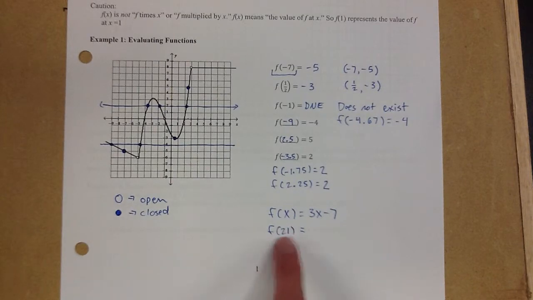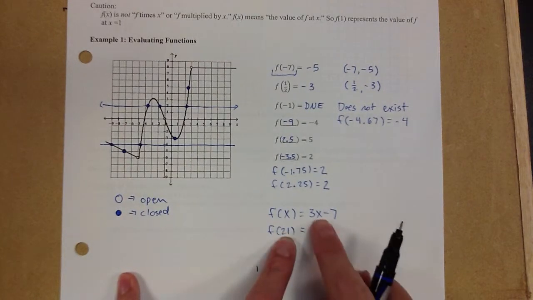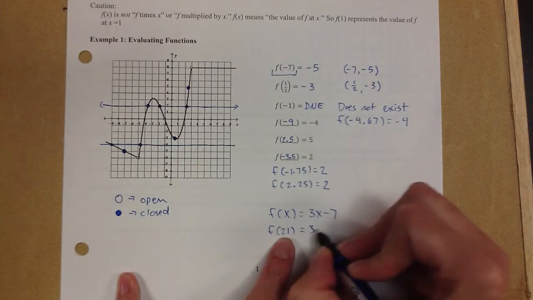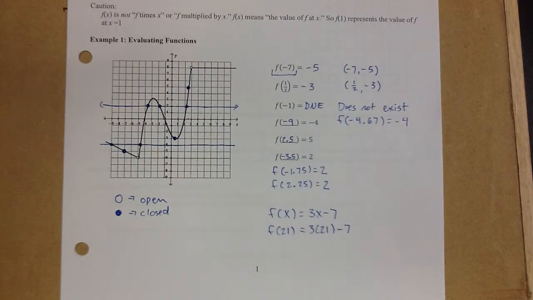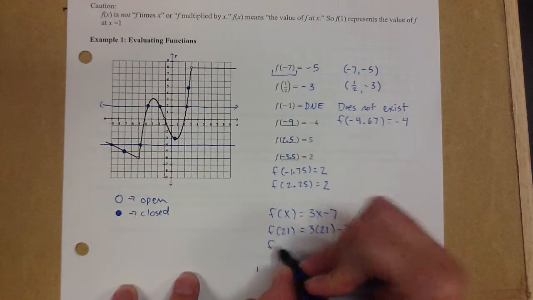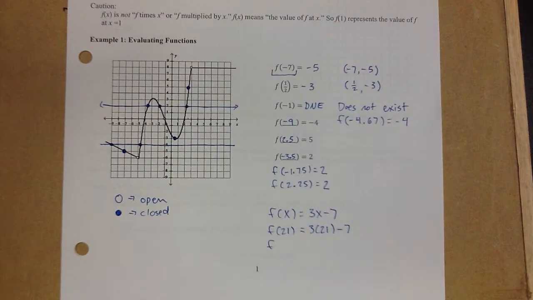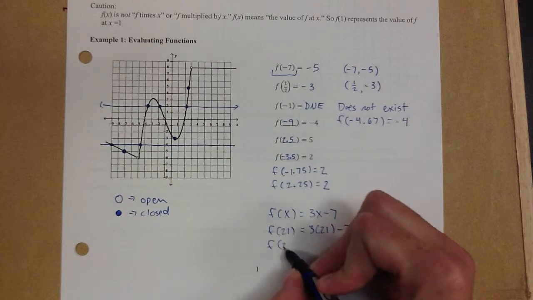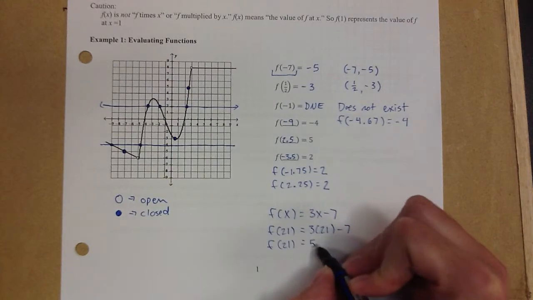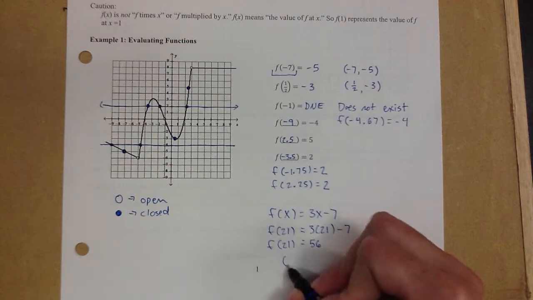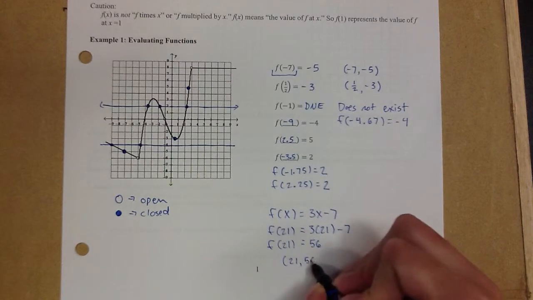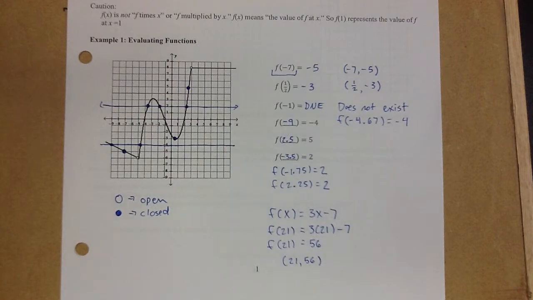So this 21 is where that x was. So we're going to put this 21 where this x is. So I get 3 times 21 minus 7. So that's 63 minus 7. You get 56. So f of 21 equals 56. Or I have the coordinate 21, 56. And that will be a point on my graph.